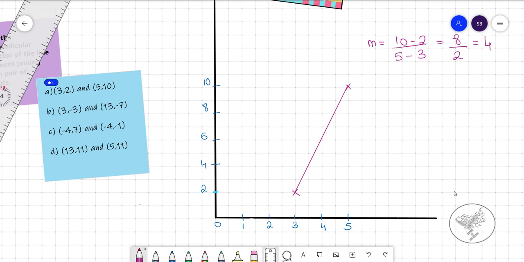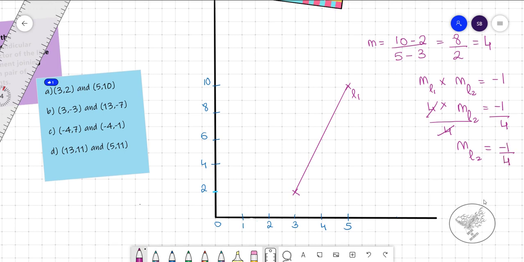So the gradient of this line, let me name this line as L1, multiplied by the gradient of the perpendicular bisector, which is L2, should be equal to minus 1. So in order to find the gradient of the line L2, this is minus 1 and this is 4, and when you divide this by 4, you get the gradient of L2 is minus 1 over 4.